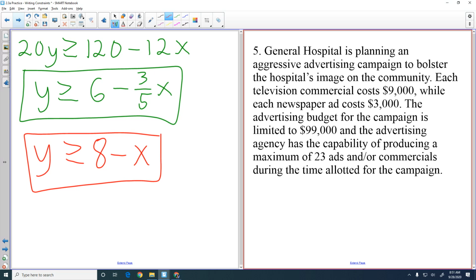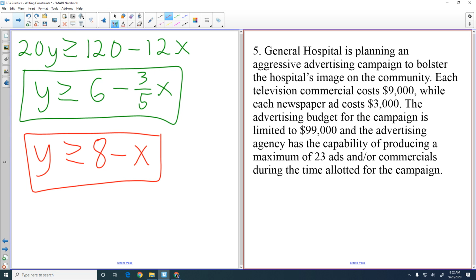And also that advertising agency that the hospital is using has the capability to produce a maximum of 23 ads or commercials during that time. So it can do 23 total ads or commercials, any combination of them. The TV ads, or the newspaper ads, or the television commercials during the campaign.